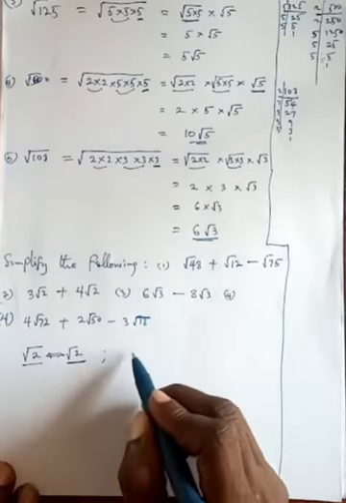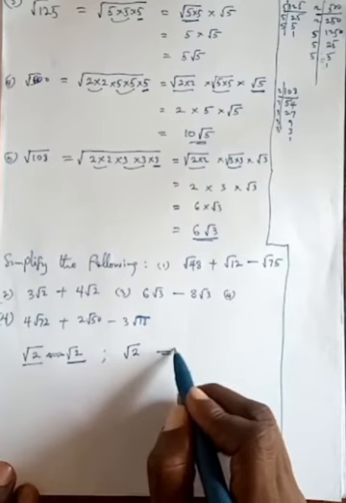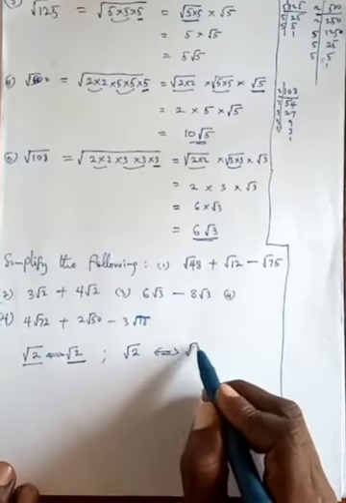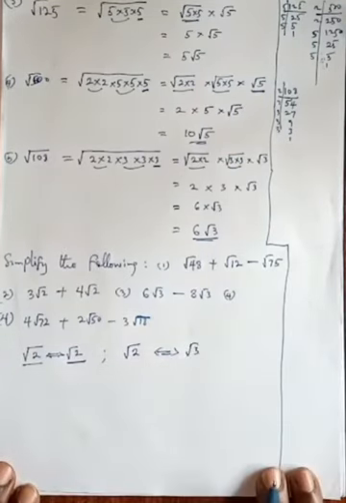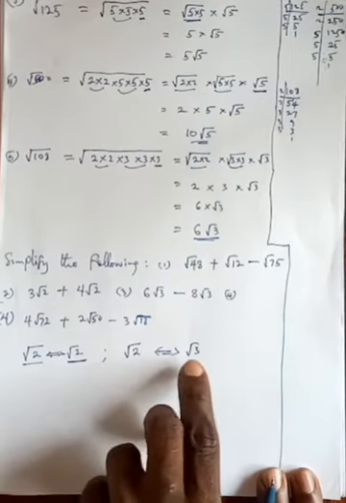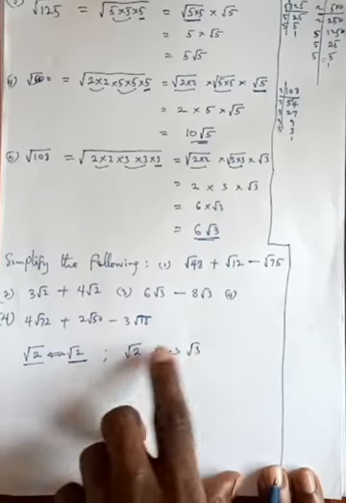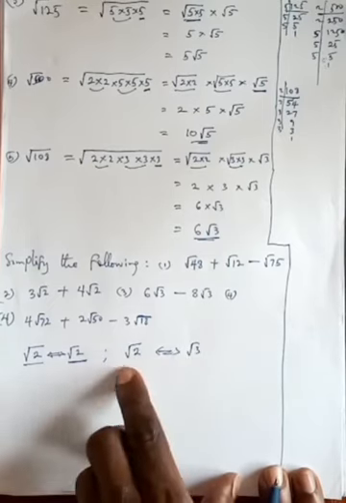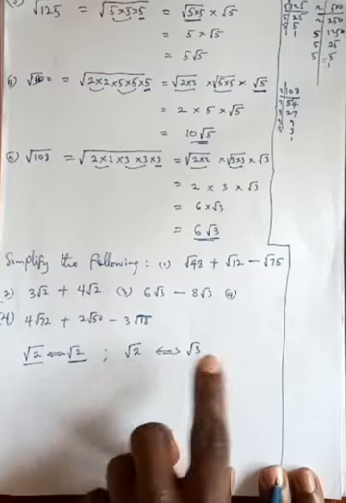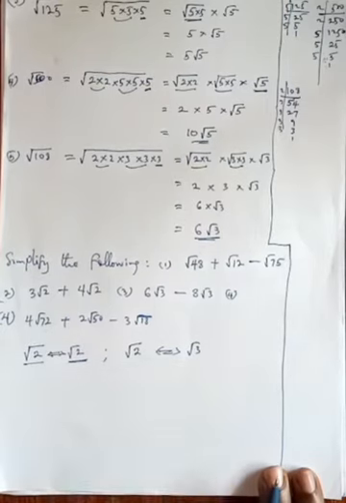But what about root 2 against root 3? You can see the number inside this root is different from the number inside this root. Since the elements are not the same, we say these two surds are not similar.